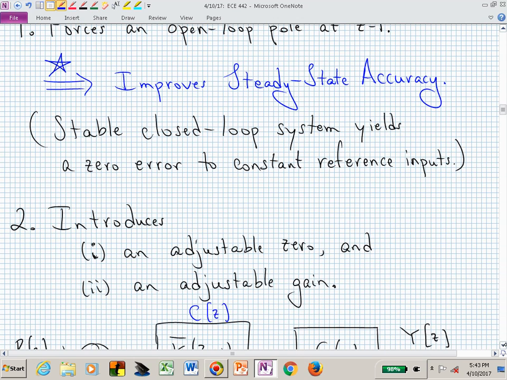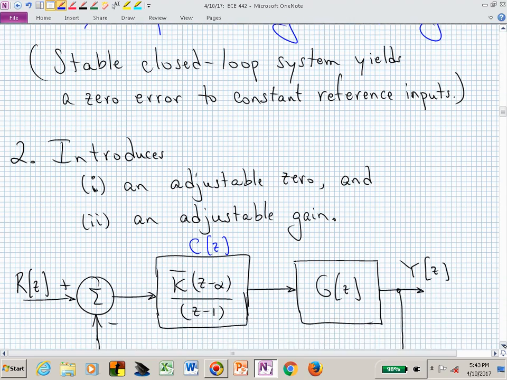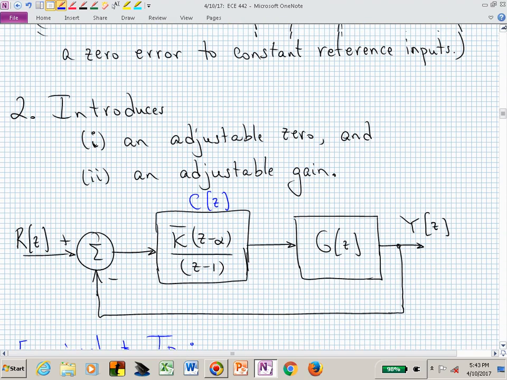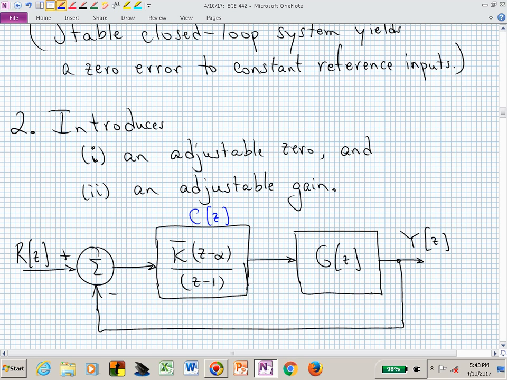The other property is that we've introduced a zero and an adjustable gain so that our closed loop system looks like this.